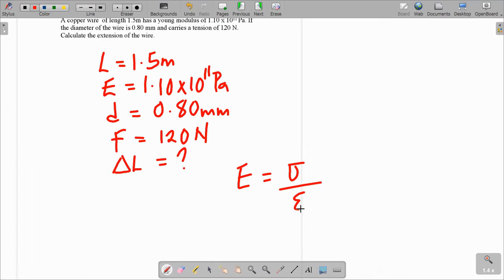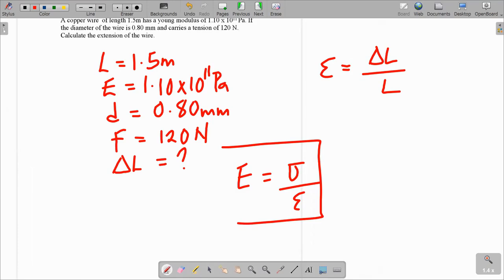If we are able to solve for our strain, then we should be able to solve for our extension, because strain is equal to change in length, which is the extension, divided by the length. So let's go on to solve for the strain.